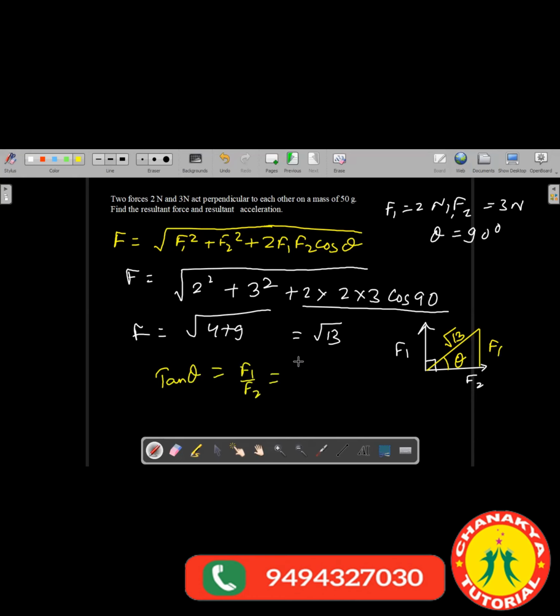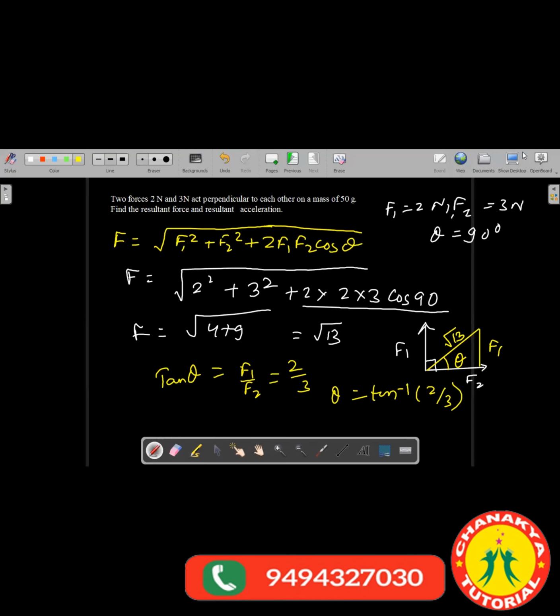F1 is 2, so you find 2 over 3. And hence you find theta equals tan inverse of 2 by 3. Currently I am using a calculator. You can also use a trigonometric table, and hence you can complete.